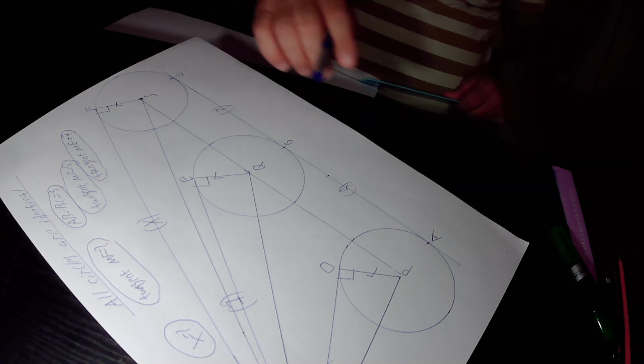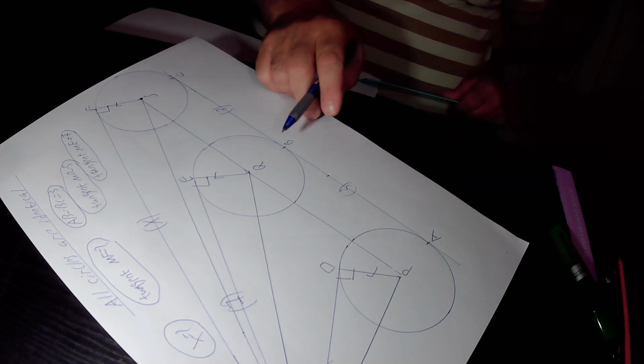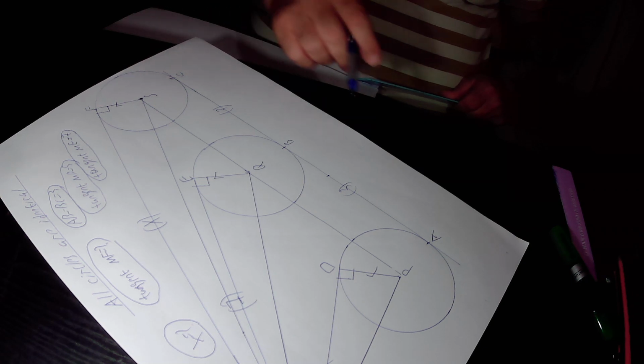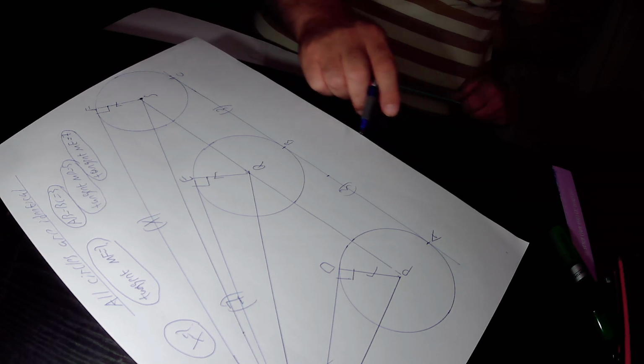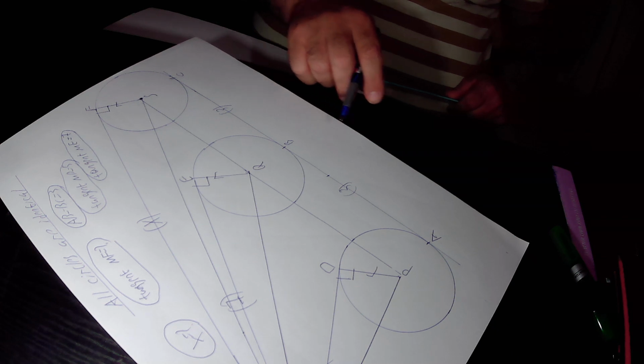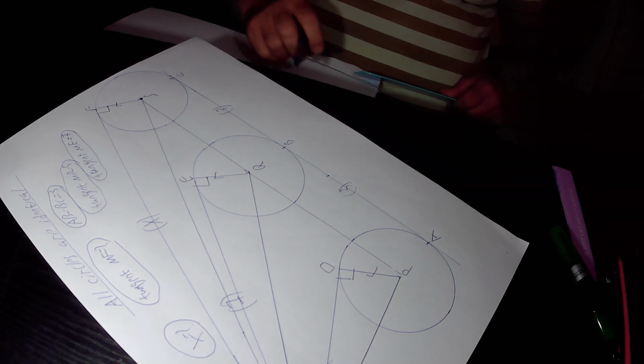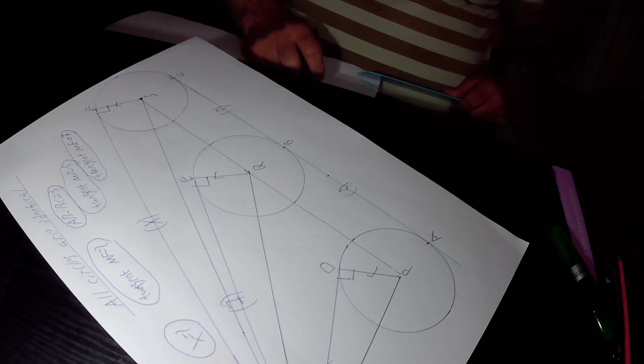Why? Because those 3 points P, Q, and S have the same distance from the straight line ABC, and therefore, in total, the straight line PQS must be parallel to the straight line ABC. Okay.